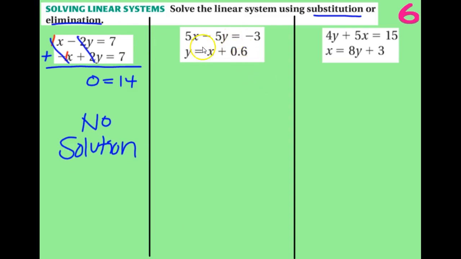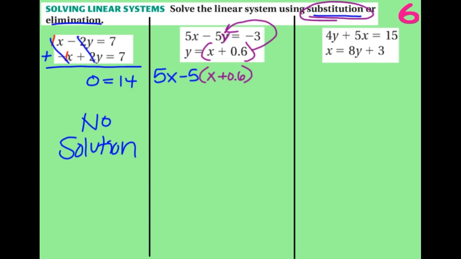This next one is actually set up to do substitution. We have y all by itself, so I'm going to substitute that in for the letter y. So when I write this top equation, it says 5x minus 5y, but y is really x plus 0.6, all equal to a negative 3.